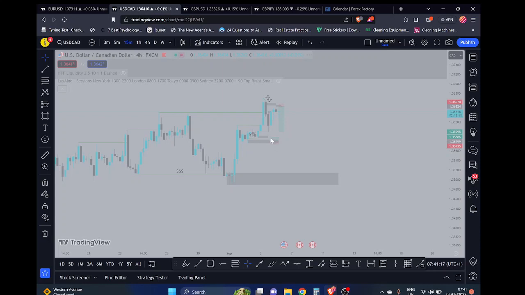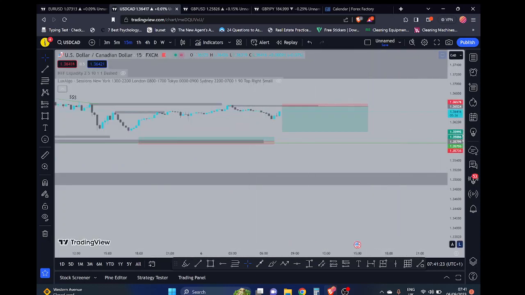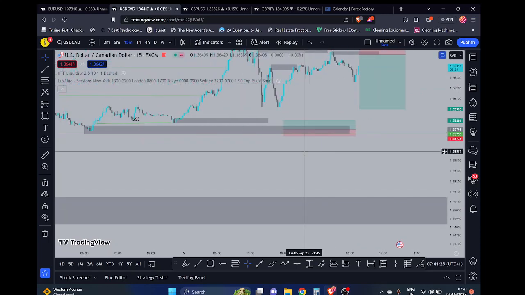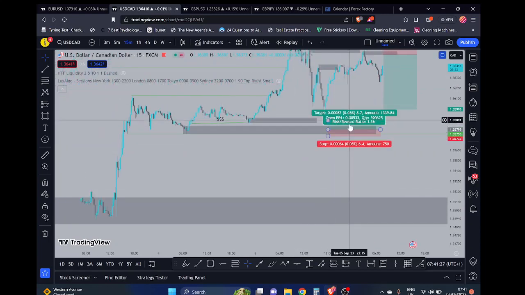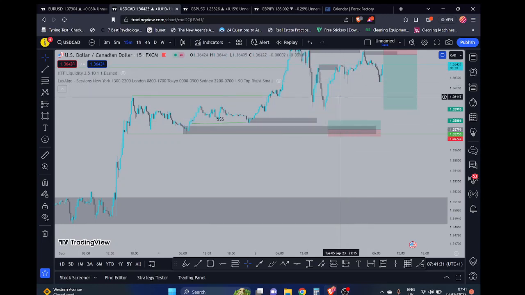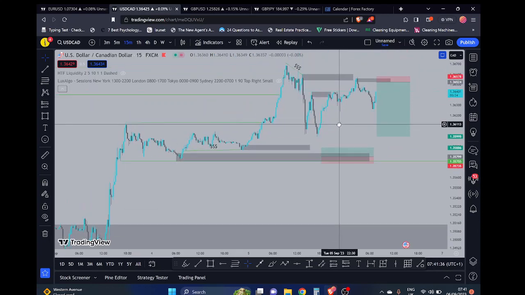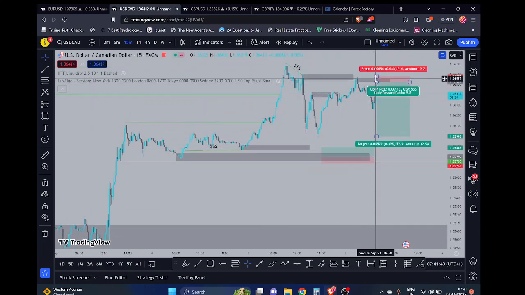So going down to the 15 minutes, let's see what we have here. I was actually looking at this on the 15 minutes, and I saw there's an inducement, liquidity to sweep, then another block. That was why I just put this down, I thought the market was coming down for this actually. But if the market should tap into this before coming down, I won't be taking a long trade.